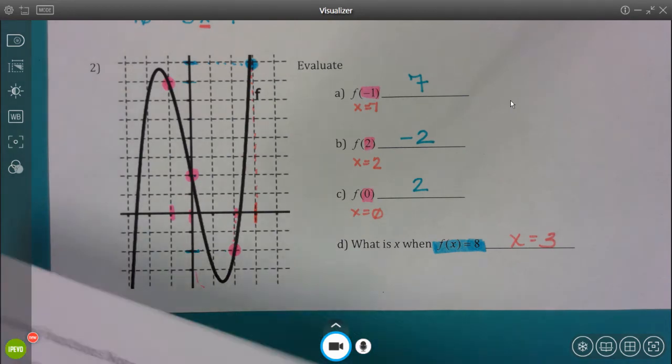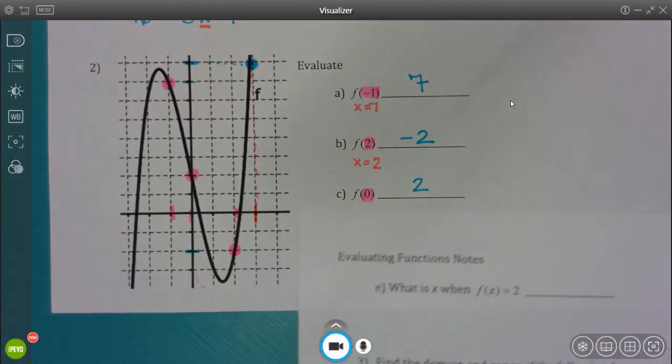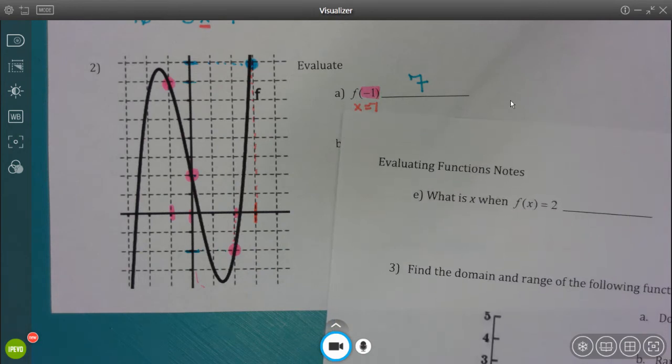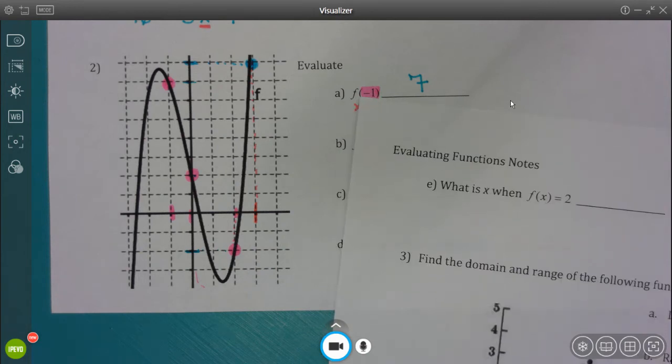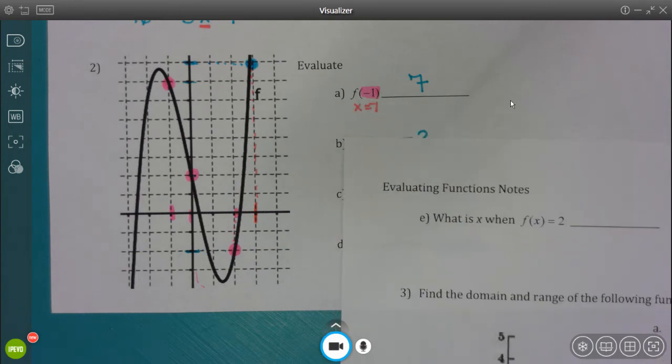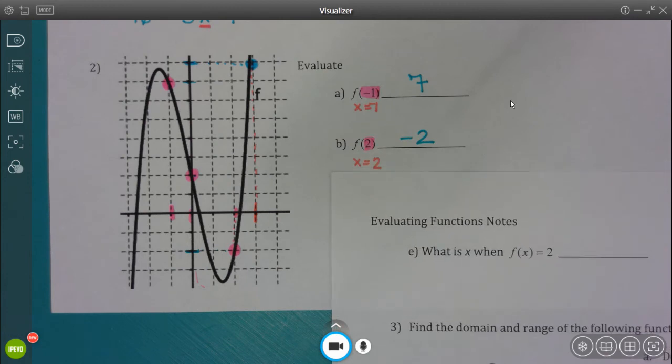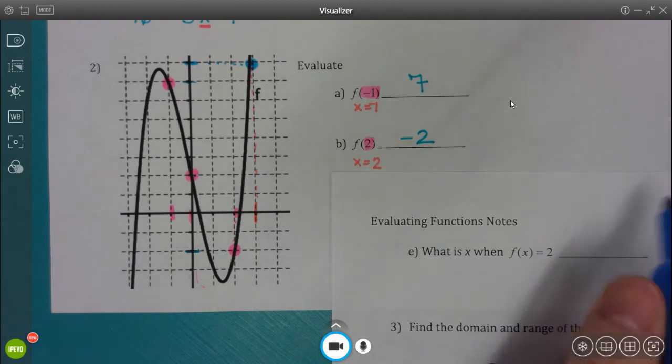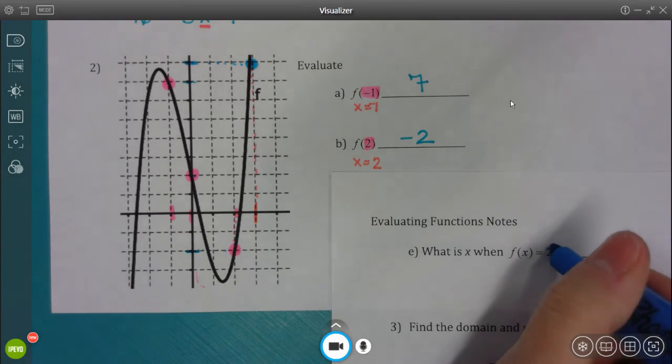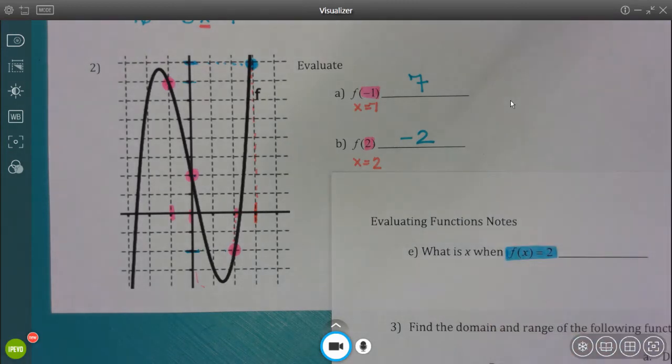I just realized there's one other question that got pushed off of the page. So I need to figure out for part E what happens when my output value is 2.